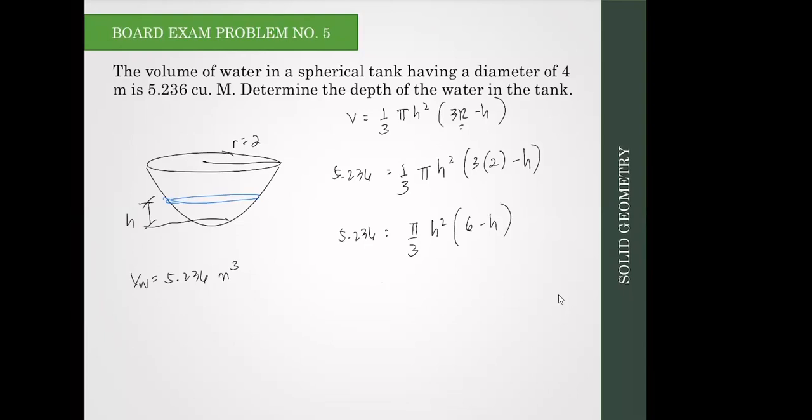So, pag sinolve natin sa calcu, the value ng h will be equals to 1.0 meters. Kasi magiging cubic function yung atin. So para mahanap yung value ng h, you need to trial and error. So kaya shift solve ko na lang. Okay? So yan yung para sa question number 5.